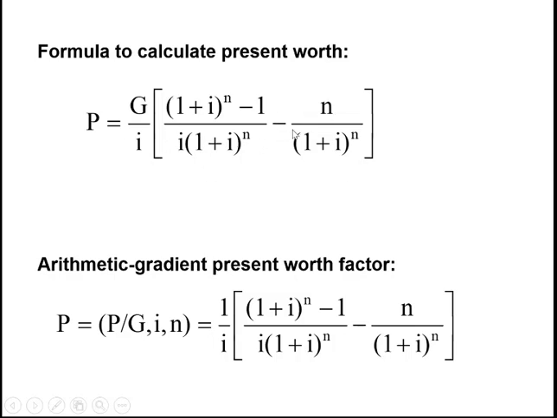From this formula we have the arithmetic gradient present worth factor, denoted as (P/G, i, N), that means P given G, i, N.